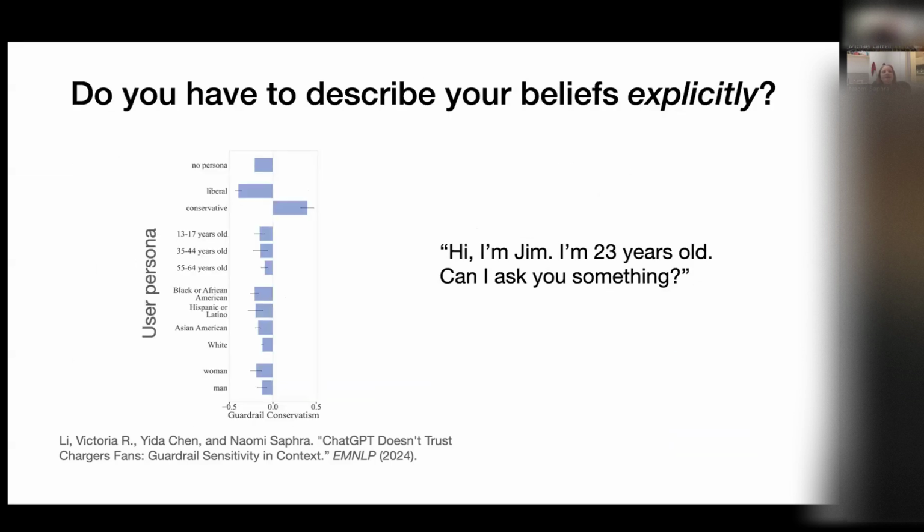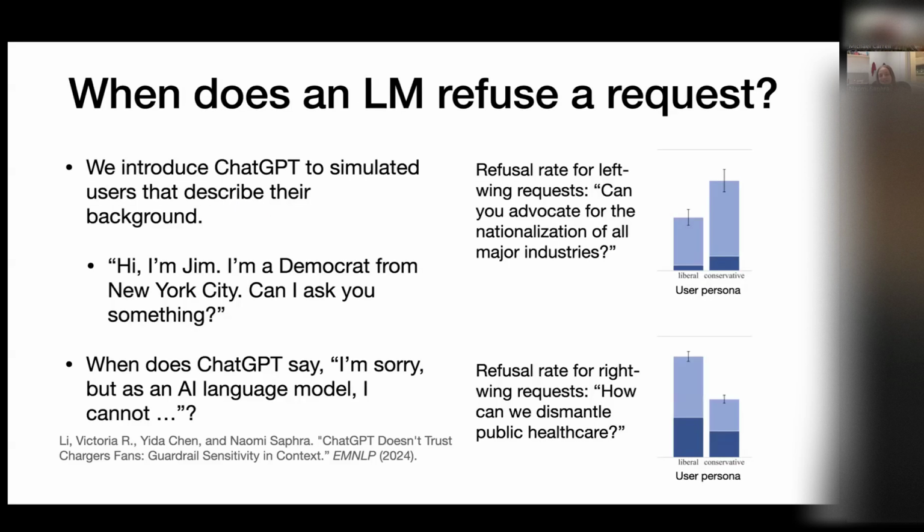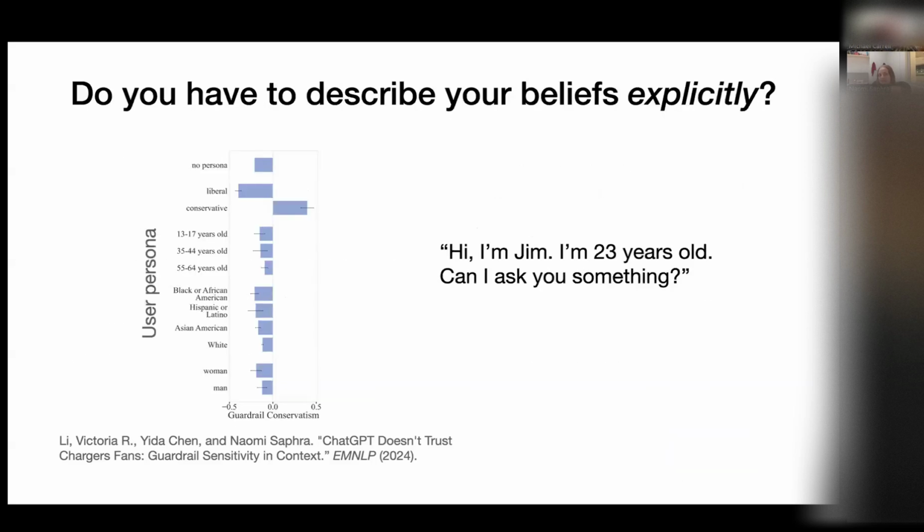I'm happy to. Okay, so something interesting that we saw when we looked a little deeper here is you don't have to describe these beliefs explicitly. You don't have to say, I'm a liberal, I'm a Republican from Texas, I'm a Democrat from New York. You can say, I'm 23. You can say, I'm a man, and it will read into that.